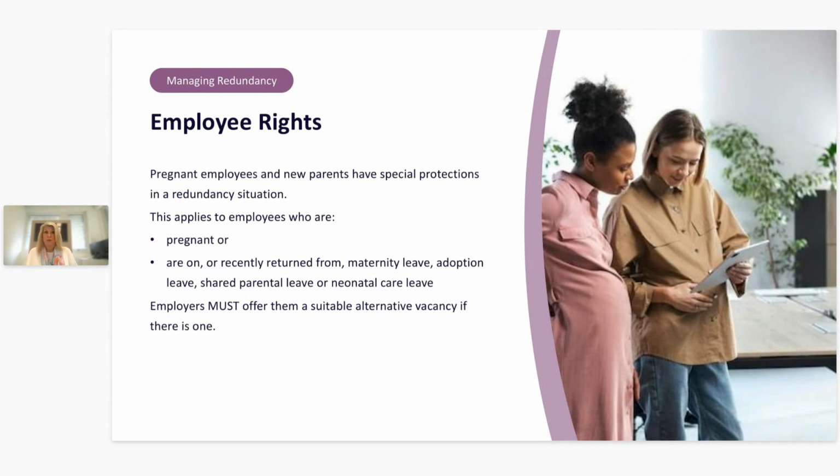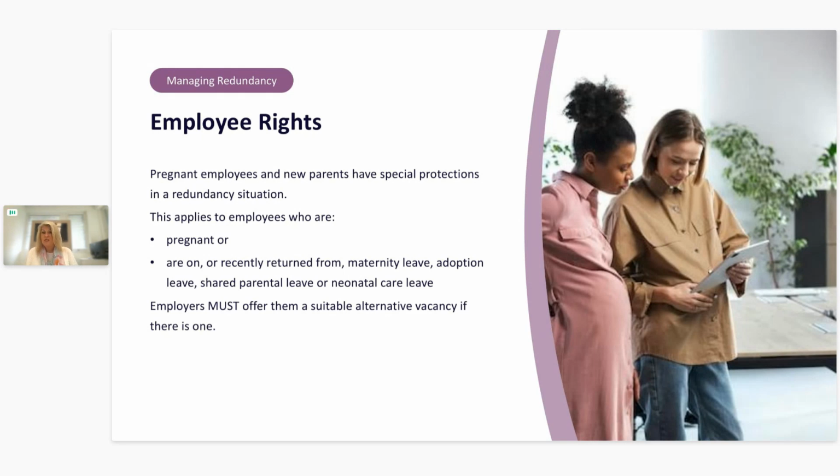So, for example, where there are 3 redundancies and only one possible alternative role, this means that anyone in a special consideration category would basically jump the queue and be offered the role in the first instance. This applies regardless of whether the other employees may be deemed to be more suitable. So anyone covered by a protected redundancy protection must be given priority.